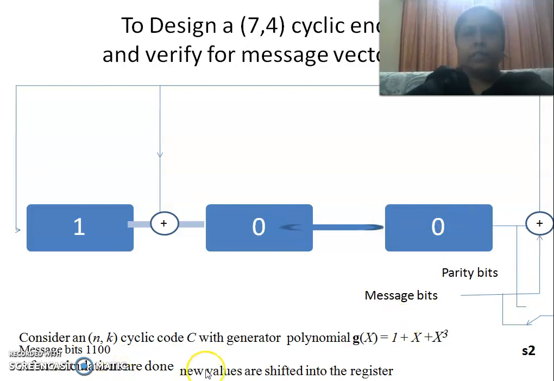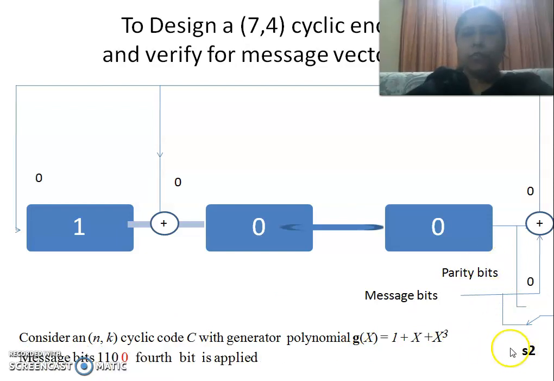The last bit next needs to be shifted, so it should be applied as input here. When we apply the last bit 0, that is the 4th bit, you get 0 exclusive OR with 0, and the output of the exclusive OR gate is 0, and that is fed to the input of this register through switch S1, and to this register you have the exclusive OR of 0 with 1 as input, and to this register you have 0 as the input.